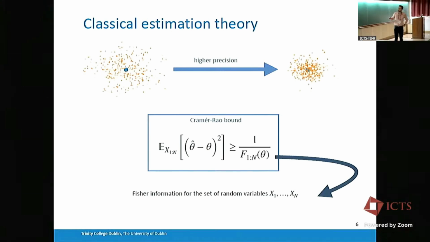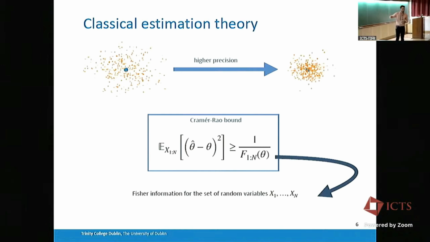It bounds the mean squared error, the expected variance, by 1 over a quantity called the Fisher information, which I'm indicating here for a finite length, potentially correlated set of random variables 1 to n, just so we're keeping in mind that in principle we're looking at correlated things. In principle, n could become very large.